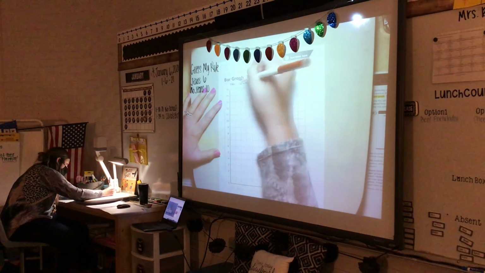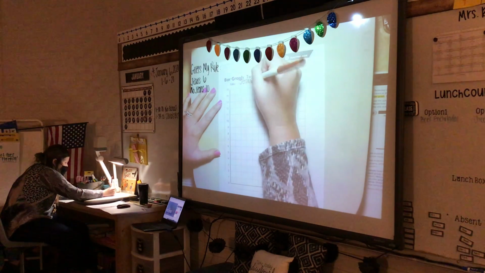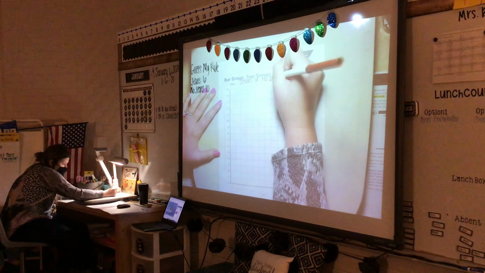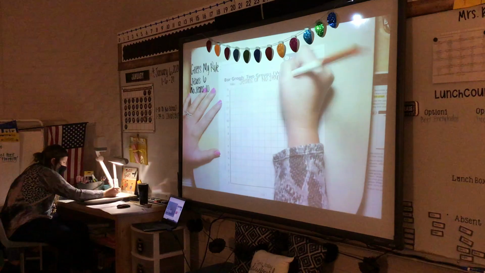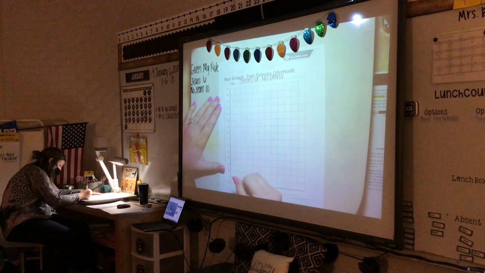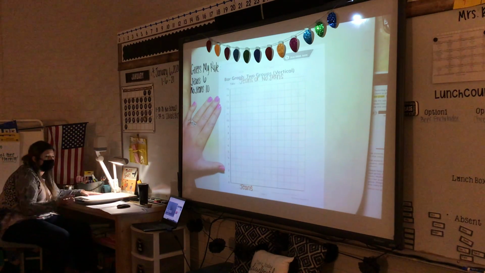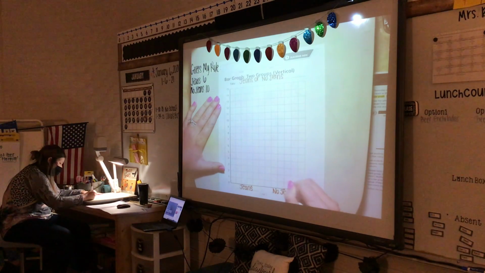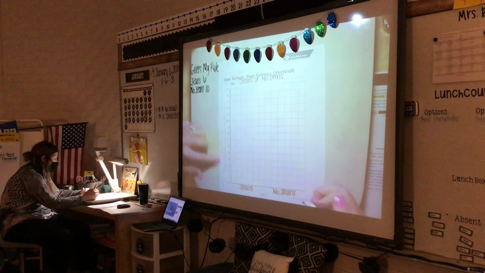Jeans or no jeans. Okay, this bar I'm gonna do over here is people wearing jeans. And my other category is no jeans. Okay, this side has numbers.